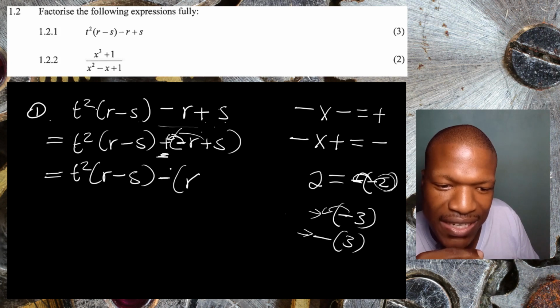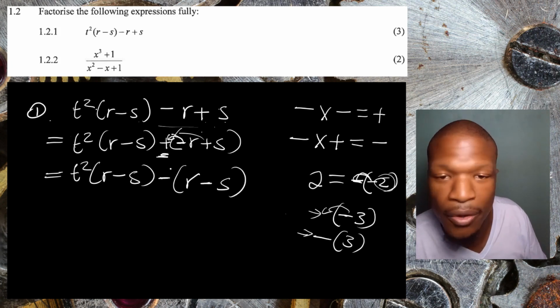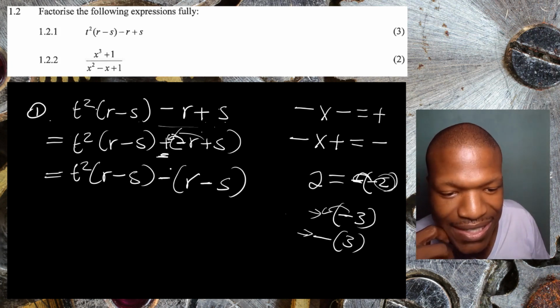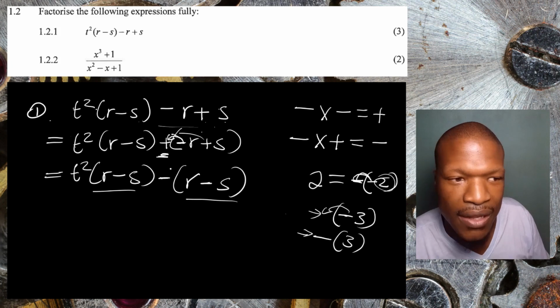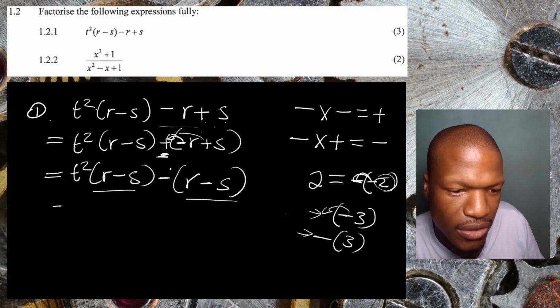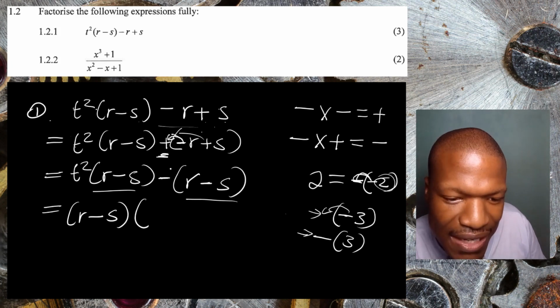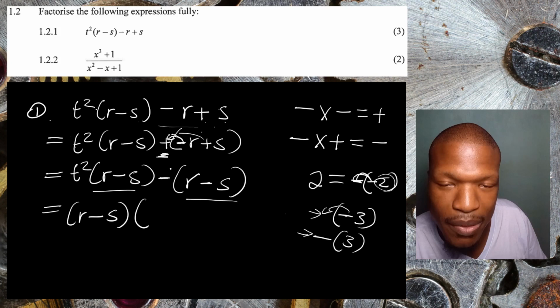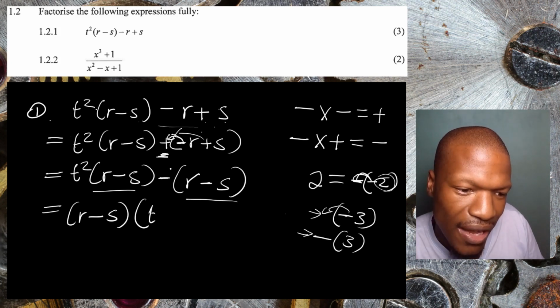And if I take a negative from a positive, it becomes a negative s, or minus s. Then I see that I have a common factor here, so I can isolate it: that is r minus s. If I take out r minus s from this part, what remains is 1. So I'll have t squared minus 1.